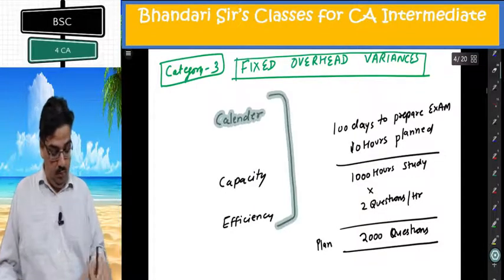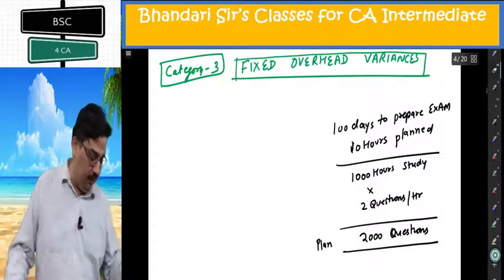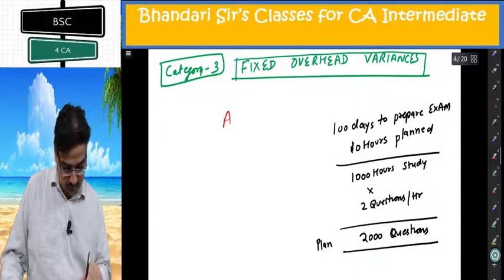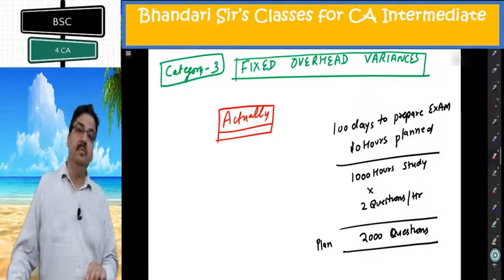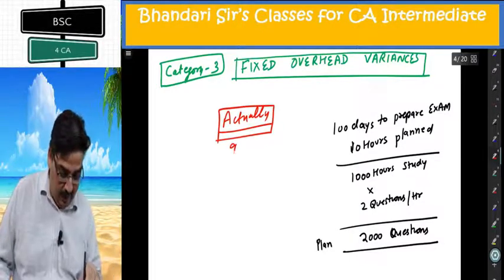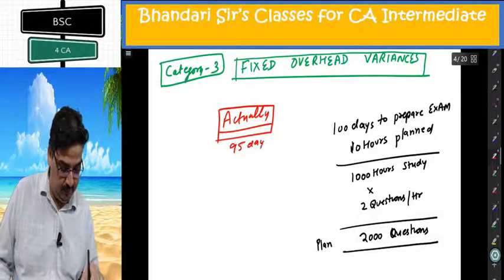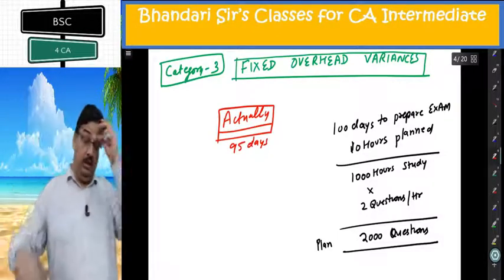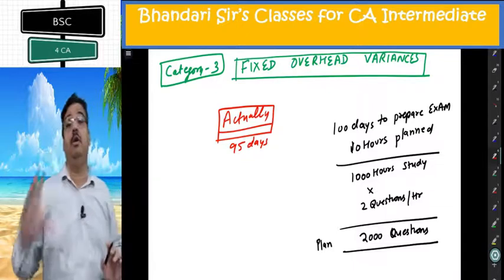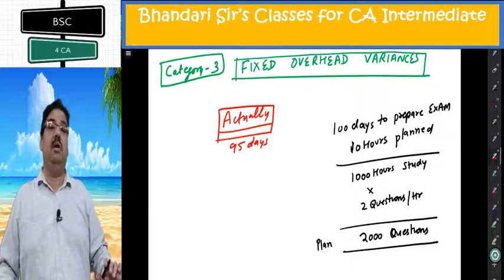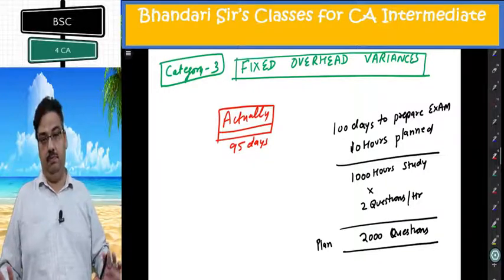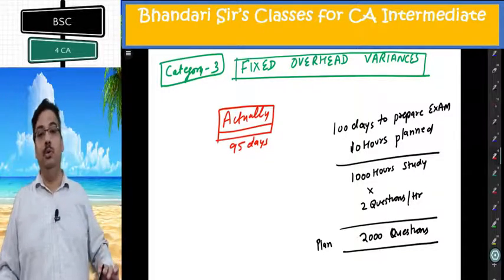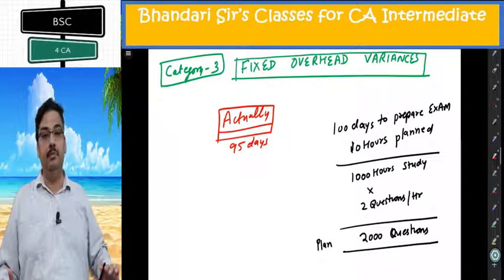Now, what happens actually? Actually, you study only 95 days. You still think I am very efficient because I have achieved 95% of this. No, it is not like that. You have not worked to the expectation. Out of 100 days, 5 days you enjoyed. You did not study.